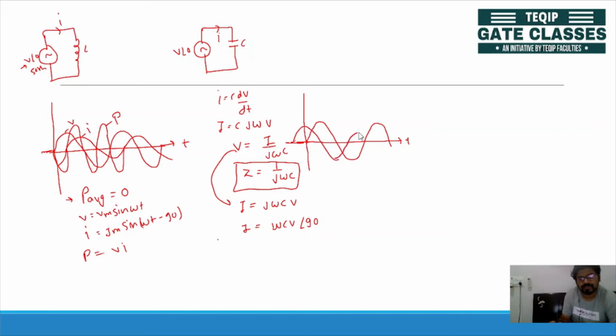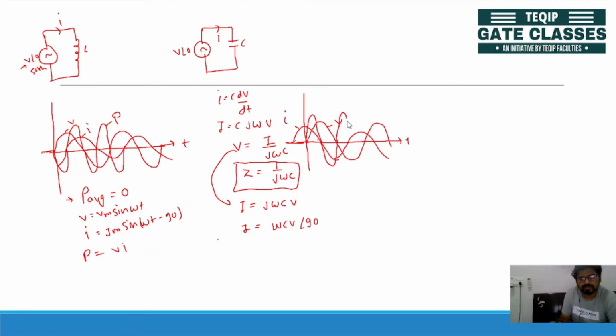Okay, it will be like this. If this is your voltage and this is your current, then what will be your power? From here to here, both voltage and current are positive, so the power will be positive. From here to here, voltage positive, current negative, power will be negative.